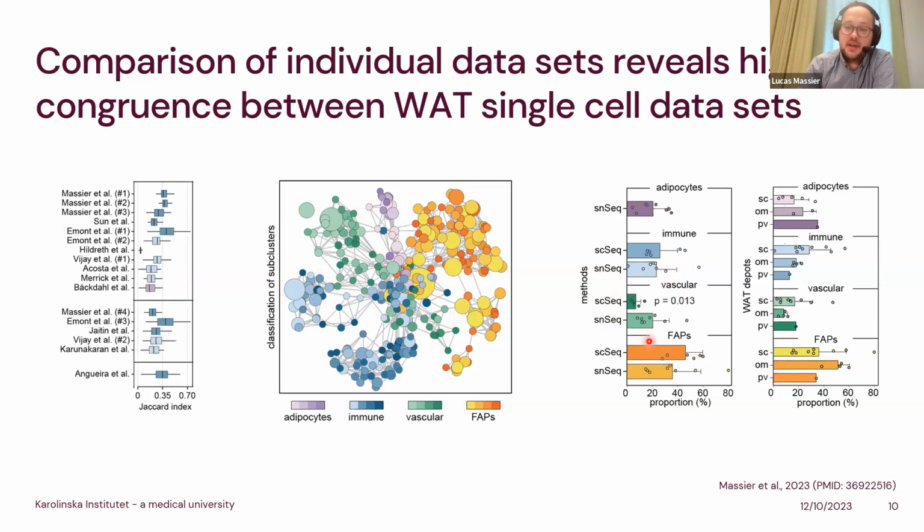But we also see differences, for example, in the abundance of specific cell groups. For example, we see higher abundance of vascular cells in single nuclei sequencing compared to single cell sequencing. This might be leading to an overrepresentation of the vascular cells in single nuclei sequencing data sets.